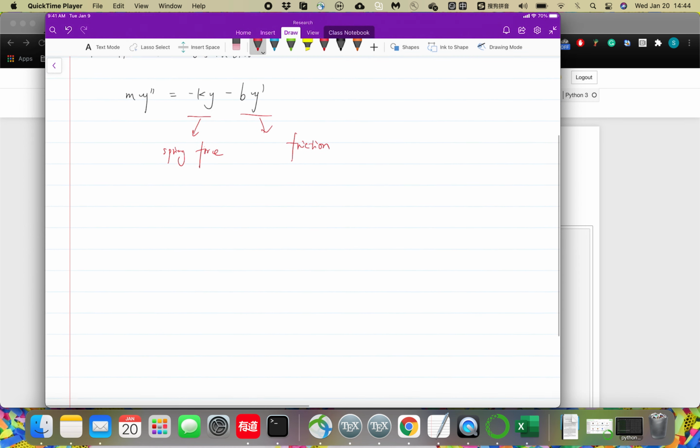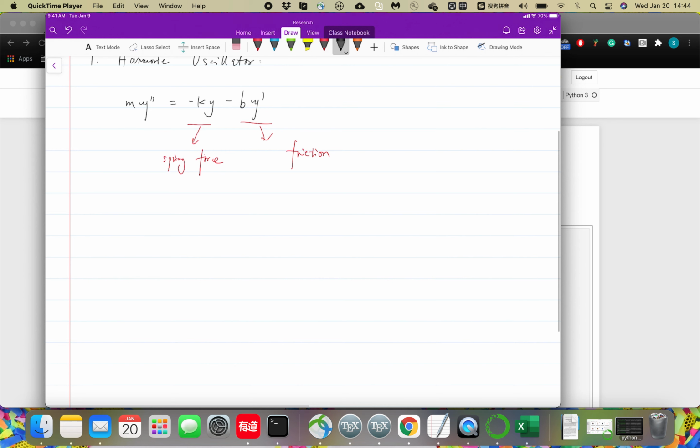Okay. Now what we have is basically a system like that. m y double prime plus b y prime plus k y equals 0. So that's what we got from a general harmonic oscillator with friction and also a spring. Now, what do we do before if we want to solve this?